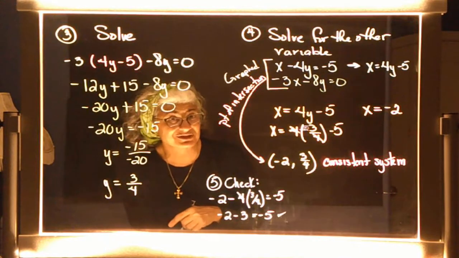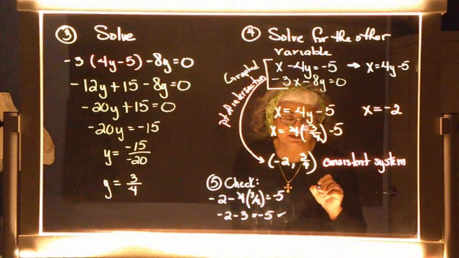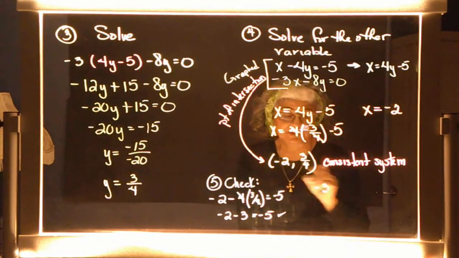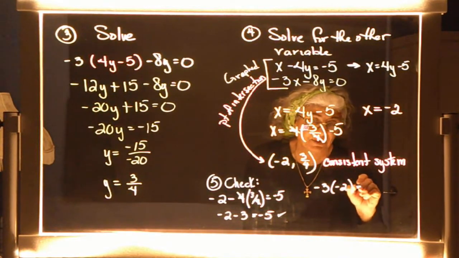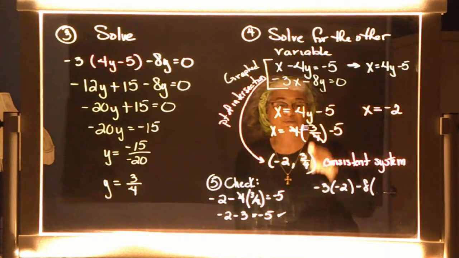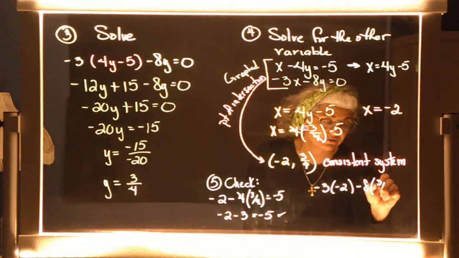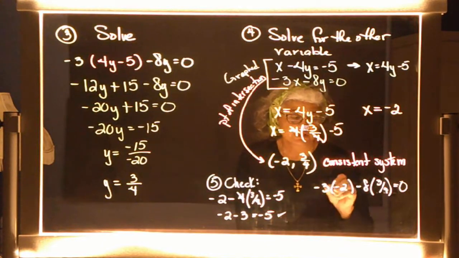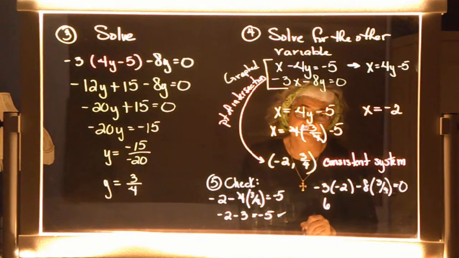But I got to make sure it works in the other one too. So we have negative 3 times x, well, x is negative 2, minus 8 times y, well, that's 3 over 4, right, equals 0. So this will be a positive 6, won't it?